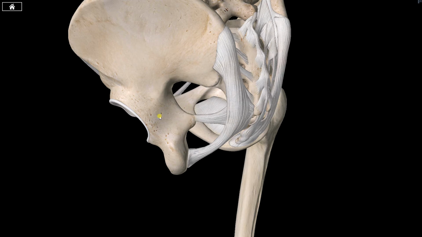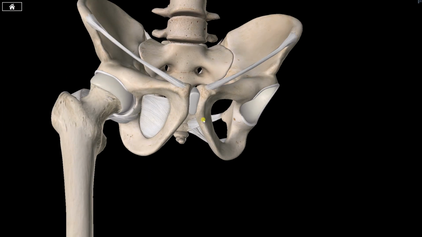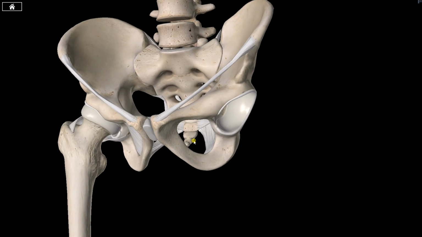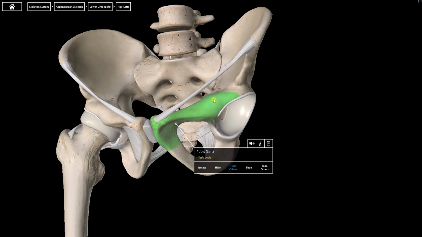Okay, so moving back anteriorly, we're just going to take a closer look at the pubis. Basically, we have this superior ramus, which is kind of right along here.